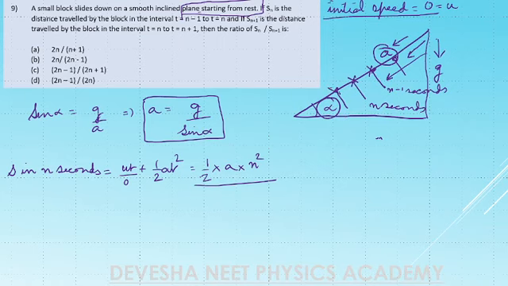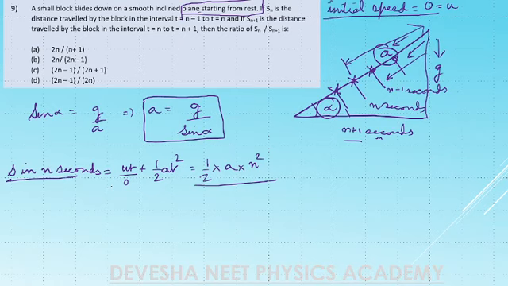In n plus 1 seconds, it would have reached here. So the distance in n seconds means this distance, which is equal to half into a into n square.